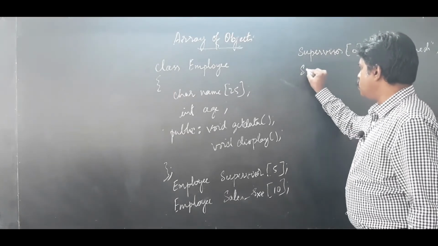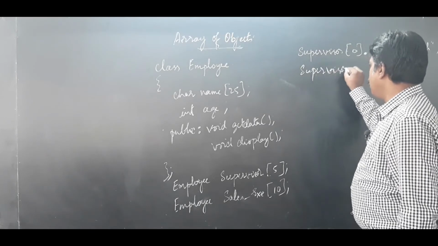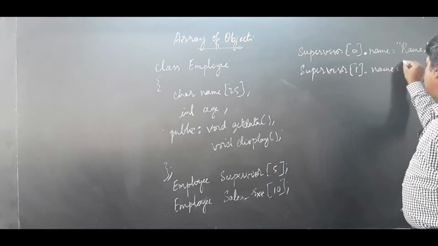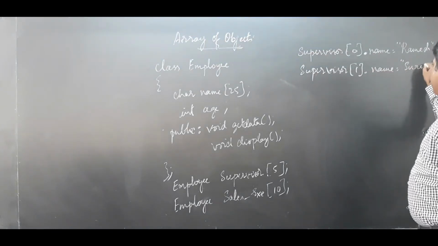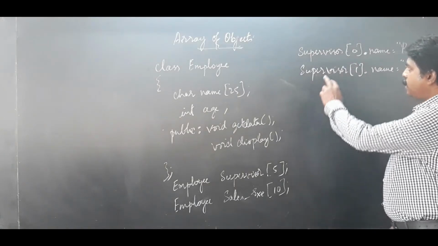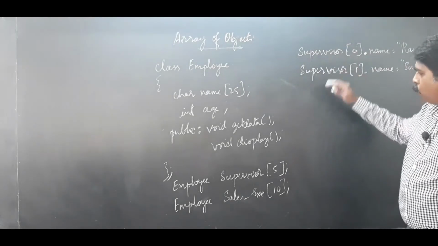One more, supervisor of 1 name equals Suresh. Now, if you see, I can take till 4 because the array size is what? 5. One more.